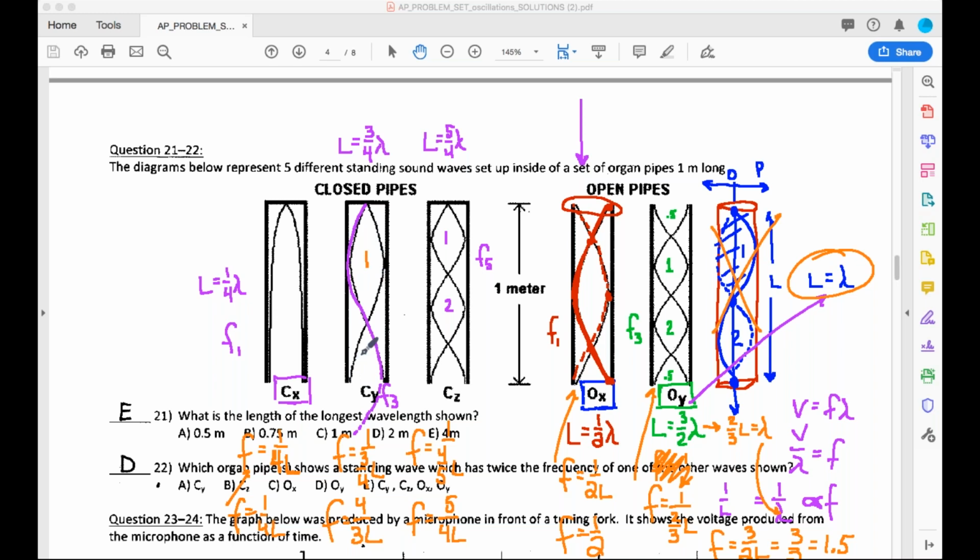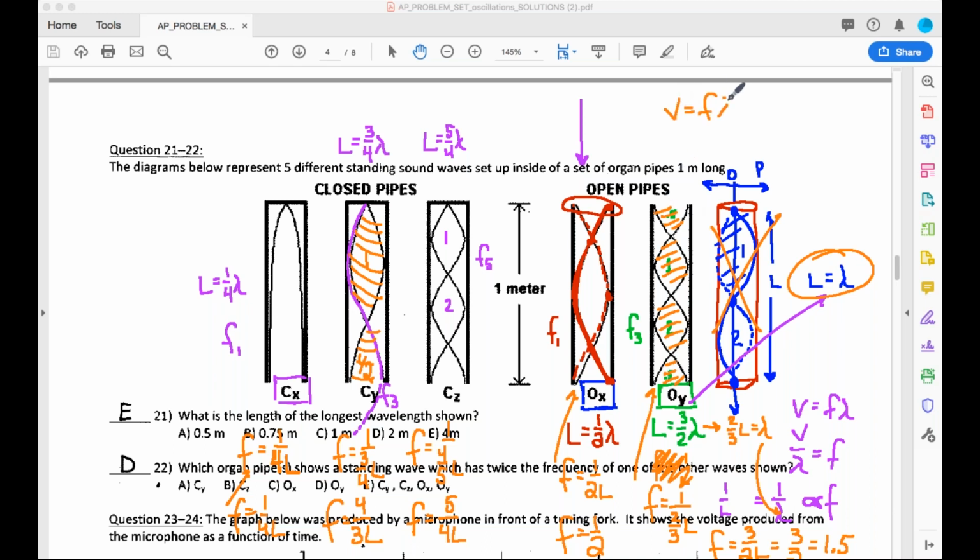So here's one, and here's the other half loop. So we basically get a total of 1.5 loops. So here's a loop, and here's a half loop. And the other one has 1, 2, 3.